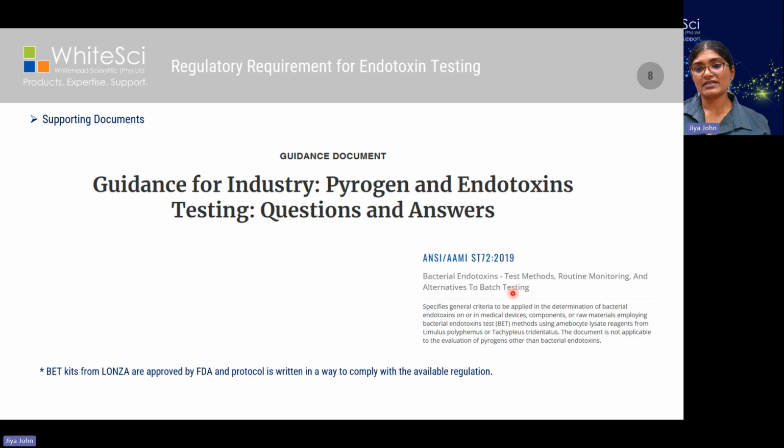And for medical devices, they have a standard document that can also be applied when you are doing endotoxin testing with medical devices. A point to note is that the endotoxin kits that we have from LONZA are already approved by FDA. And the protocol is written in a way to comply with available regulations. So once you are using the LONZA endotoxin kit, you are already complying to the details or the steps that you need to follow according to the pharmacopoeia.